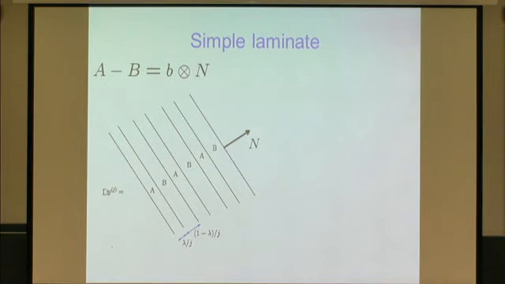And now I let j go to infinity. So as j goes to infinity, this laminate becomes infinitely fine. Its weak limit will just be the average deformation gradient, namely a constant gradient, which is lambda A plus 1 minus lambda B.